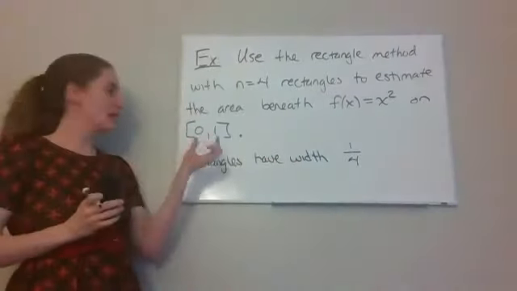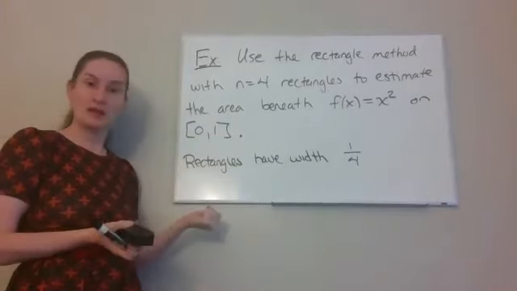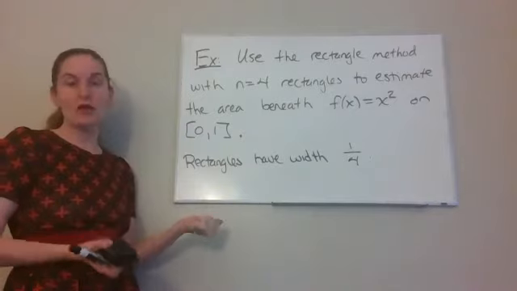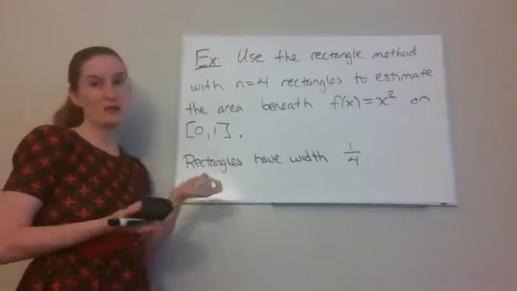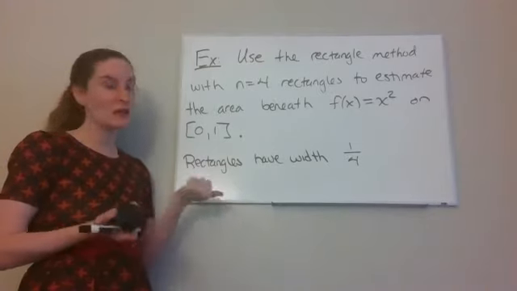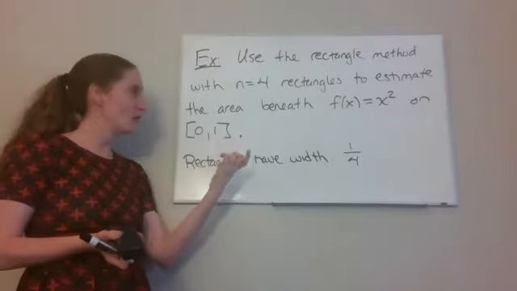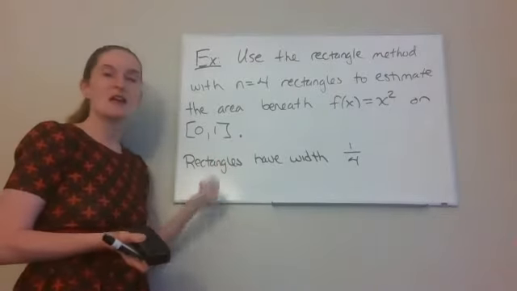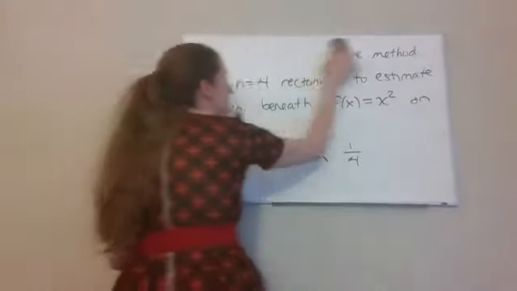And I get that by taking the length of my interval, which is 1 minus 0, and dividing by the number of rectangles, which is 4. So all my rectangles are going to have a width 1/4, and their heights, well, it depends on what point I use in each subinterval, but it's going to be my function f with some point plugged into it for all of my subintervals. Let's draw a picture.